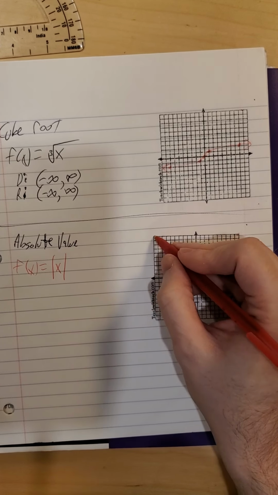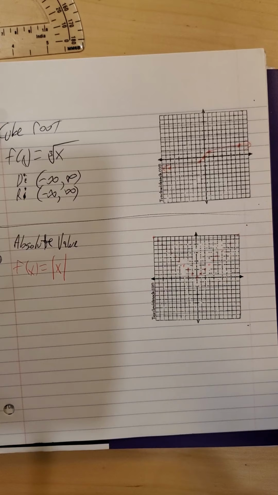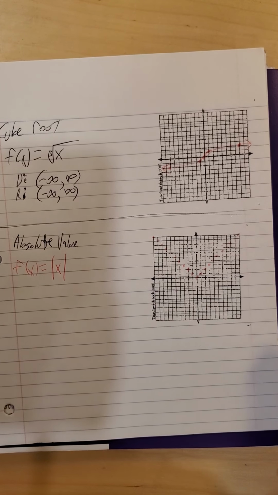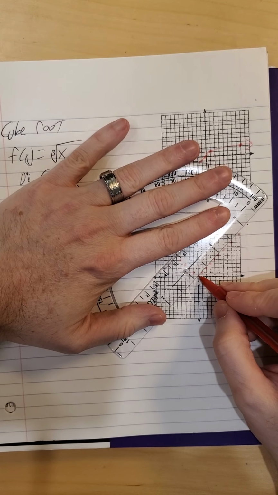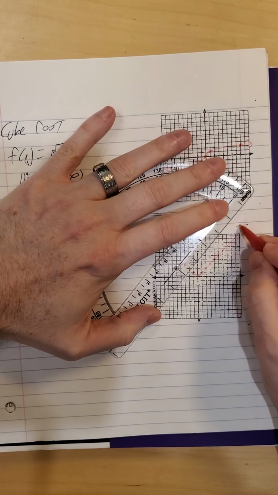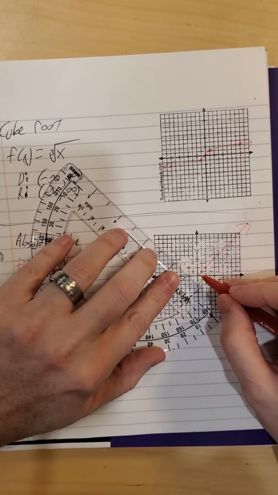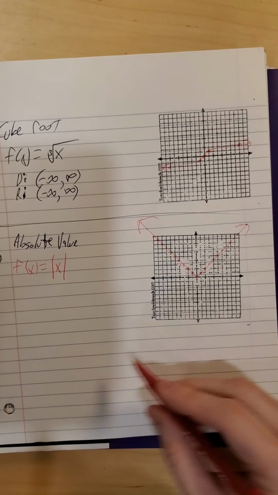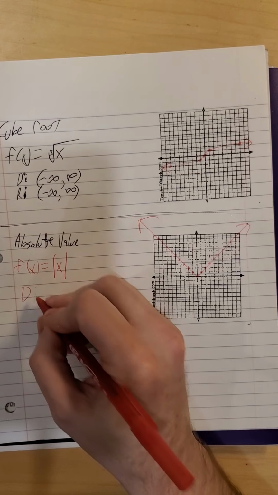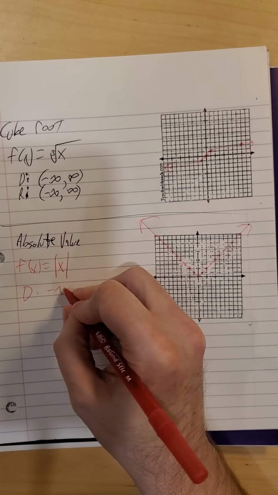So absolute value, remember we're just looking at distance from 0. So we have a pair of rays that meet at a 90-degree angle. So then our domain, we can go left and right forever.